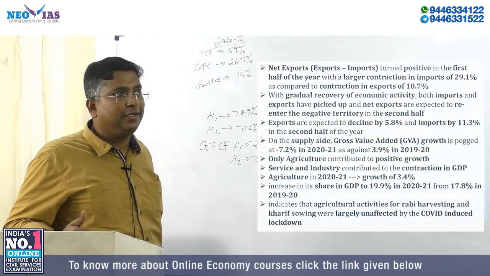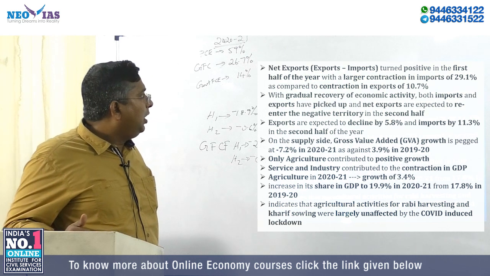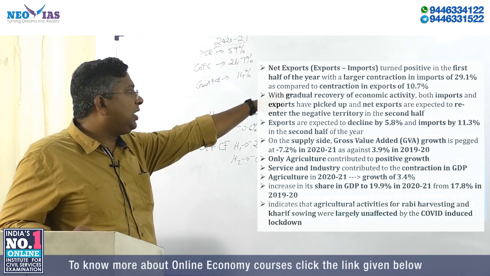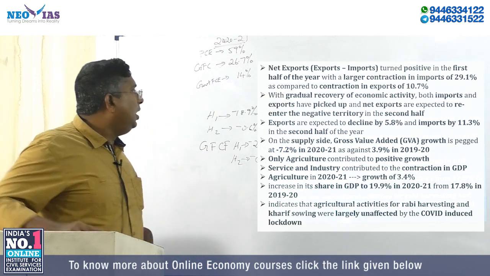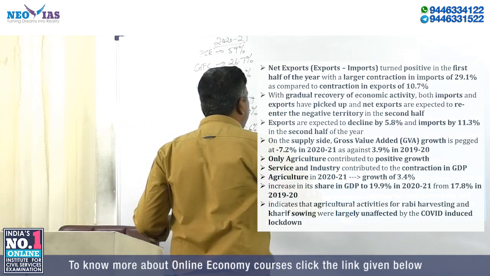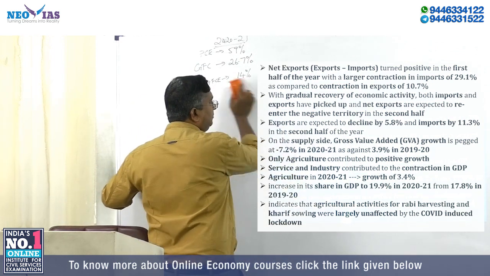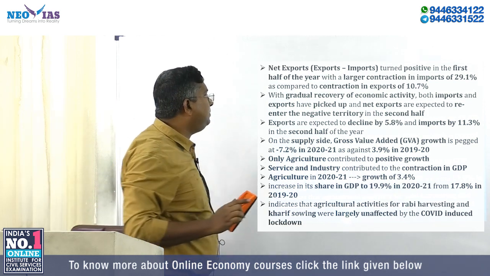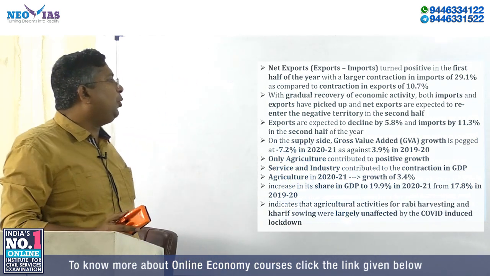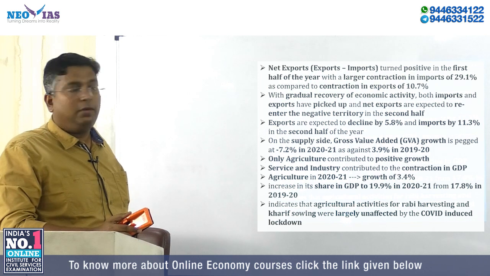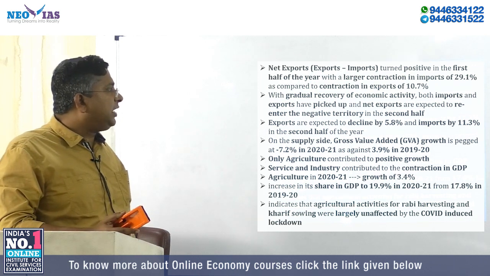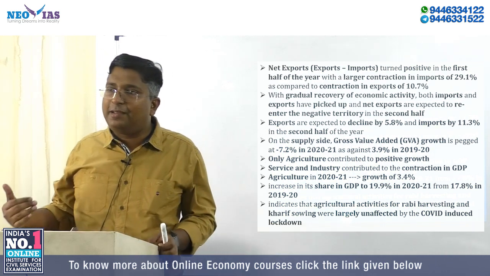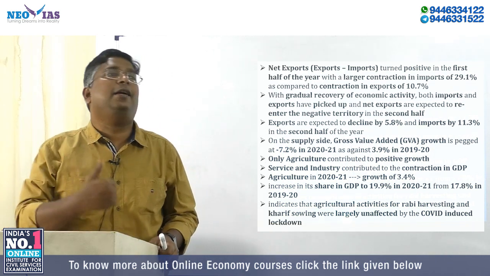Both have fallen, but imports contracted by 29.1% compared to the export contraction of 10.7%. With the gradual recovery of economic activity, both imports and exports have picked up in the second half, and net exports are expected to re-enter negative territory. Why? Because imports will be higher than exports.